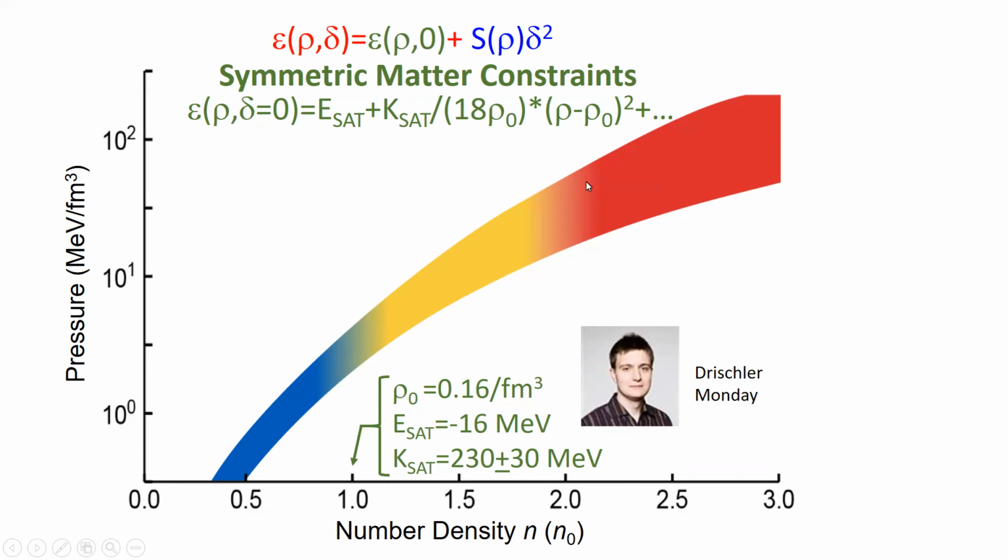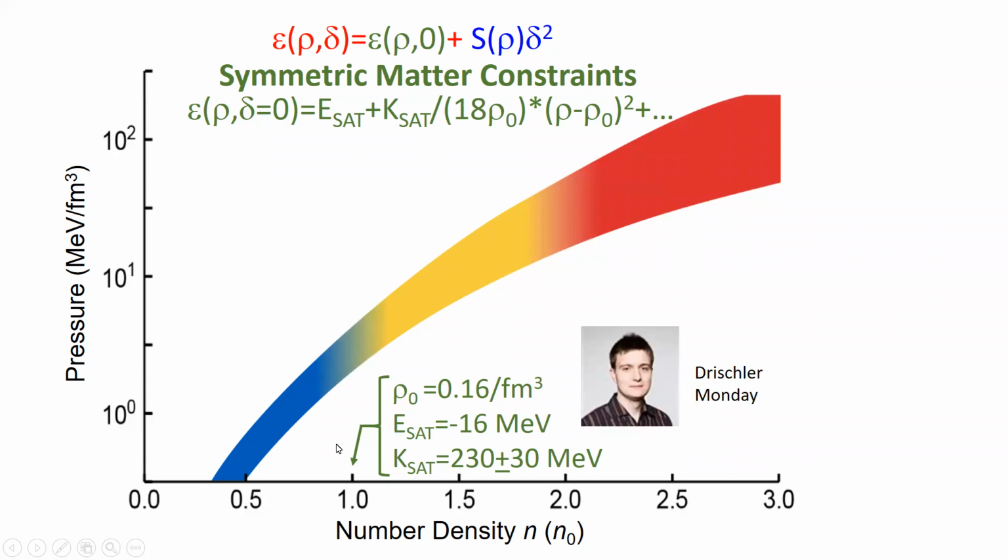Okay, so I actually spent 2 days trying to explain that, but I don't want to do it anymore. I threw away all my slides for that because Christian just taught it. I don't think I can reproduce what he has done. He explained how he tried to get the rho zero and E_sat. And after all the work, it's within error bar: 0.16 for rho zero and E_sat is minus 16 MeV.